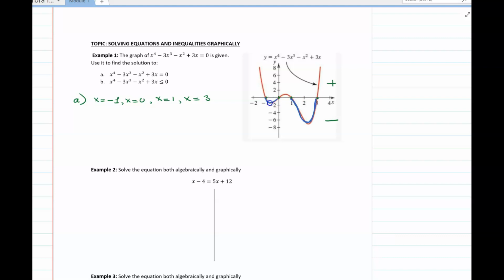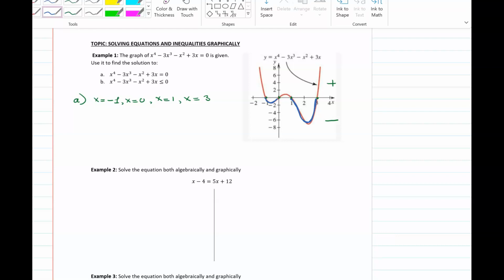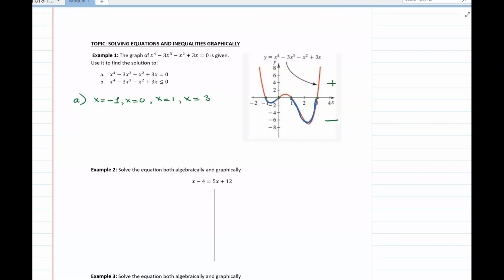And so how do we describe that portion? On the number line of the x-axis, we can see that we have these points, negative 1, 0, 1, to 3. So these are the intervals where the graph is less than 0.